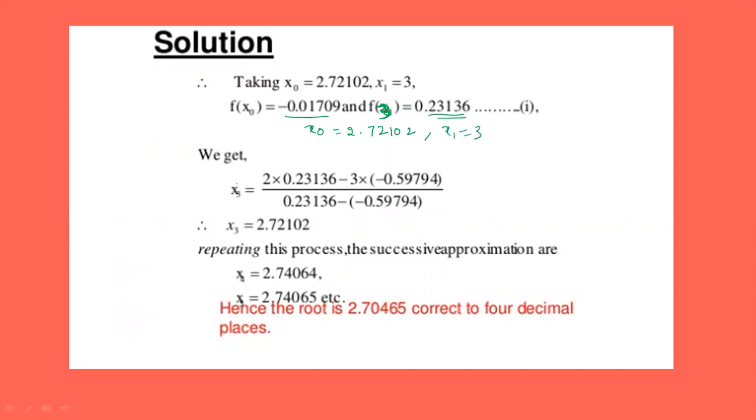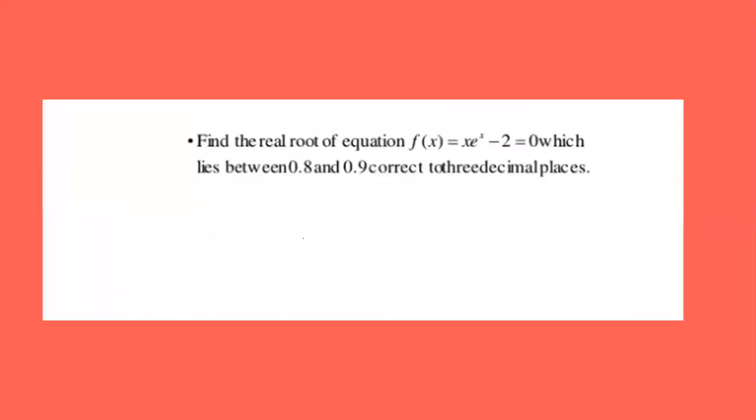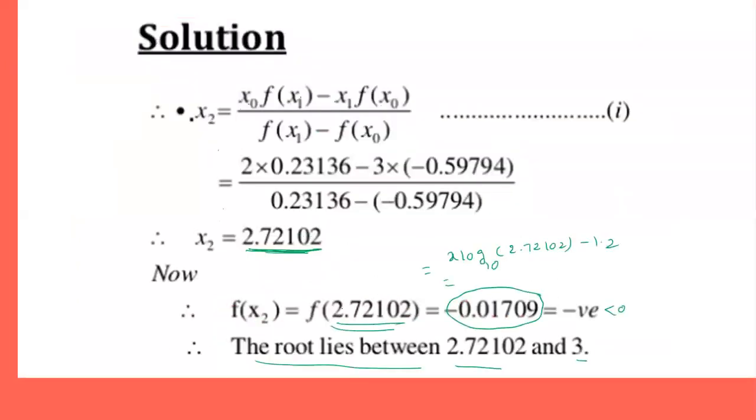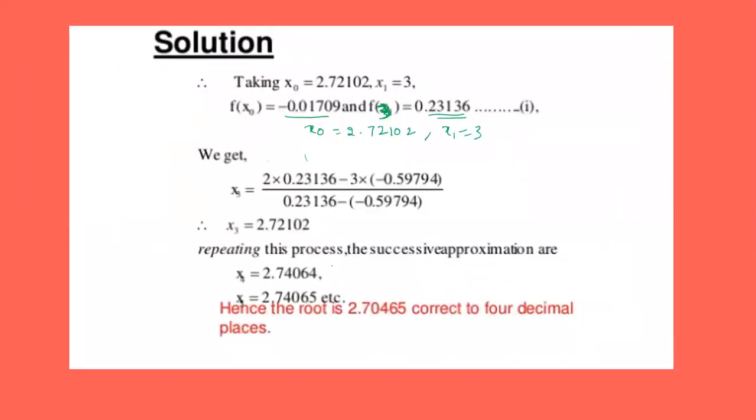Apply the same formula: x3 is equal to x0 into f of x1 minus x1 into f of x0, divided by f of x1 minus f of x0. We got 2.72102. Okay, I think I have repeated the same.